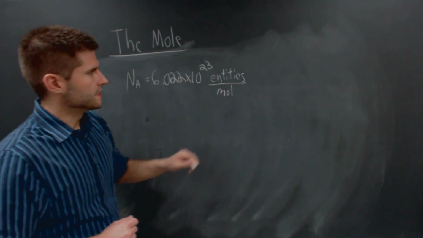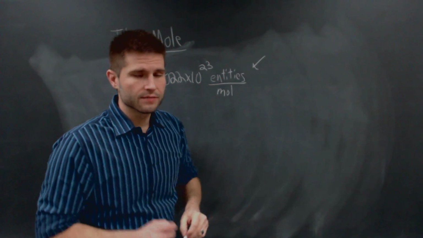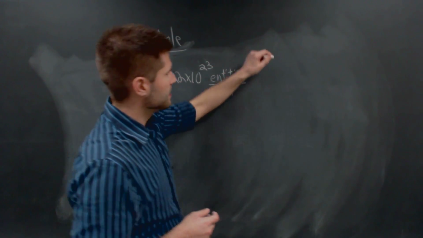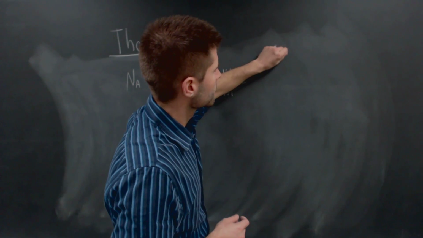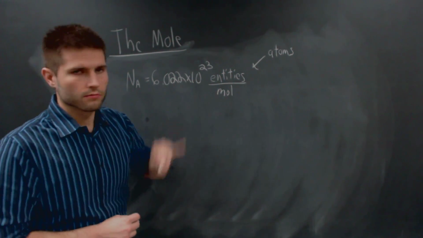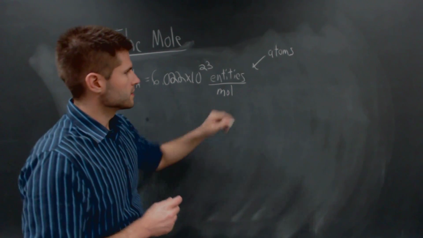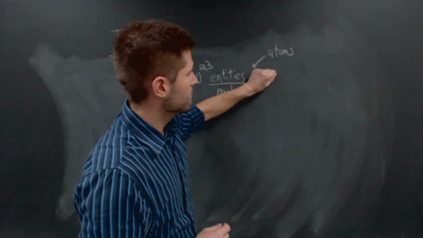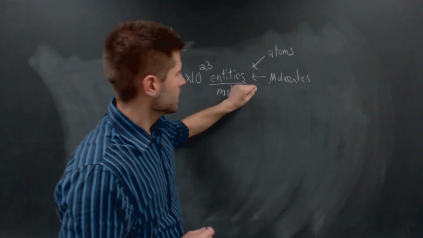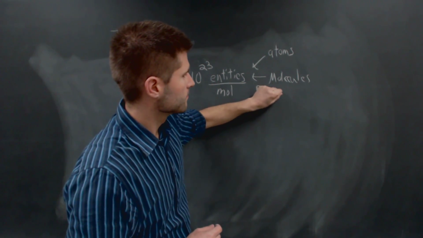Now what are entities? Entities can change based on what you're talking about. So let's say we're talking about atoms, the entities can become atoms. So Avogadro's number can calculate atoms per mole. It can also calculate molecules. It can also calculate ions.